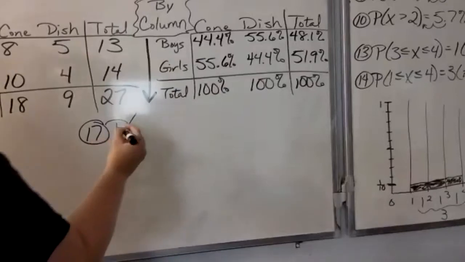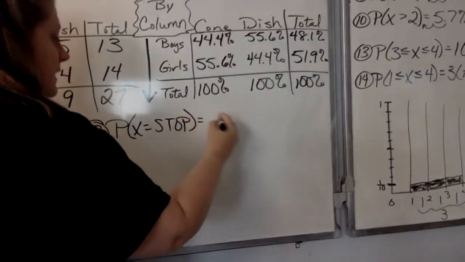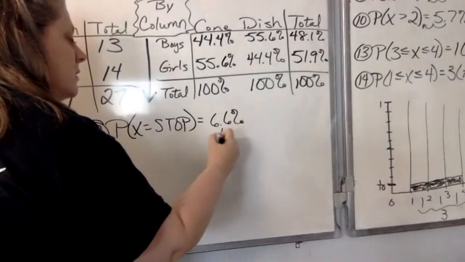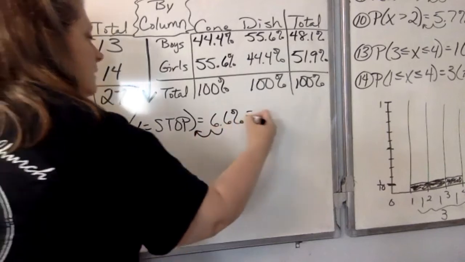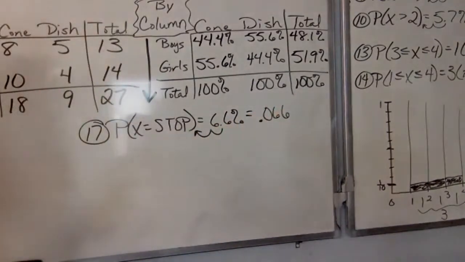Okay, because the probability that they stopped is 6.6%, but we always change it back to a decimal, so it's 0.066, right?